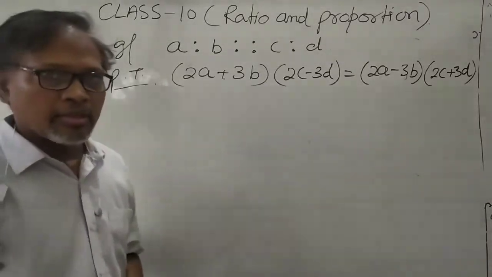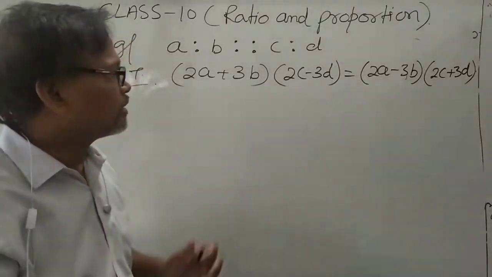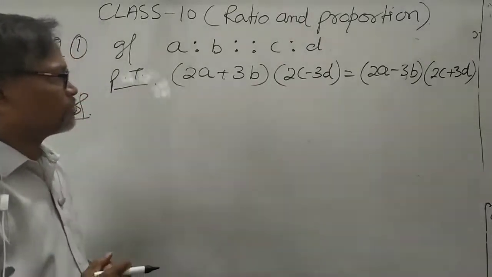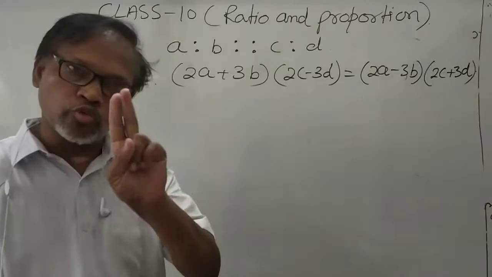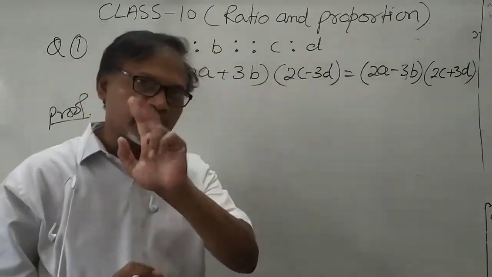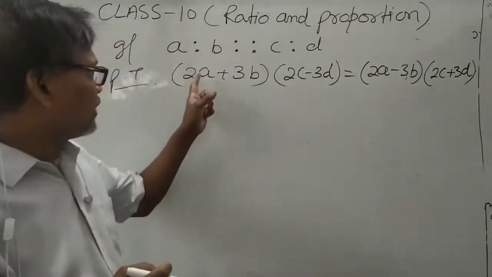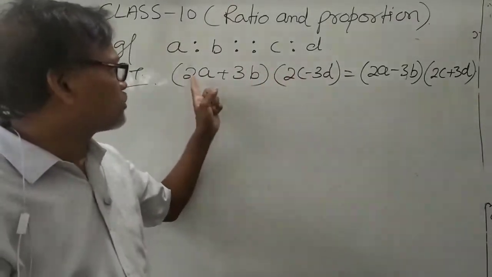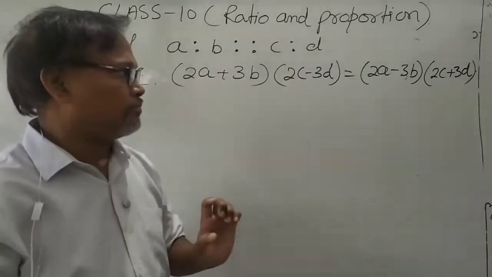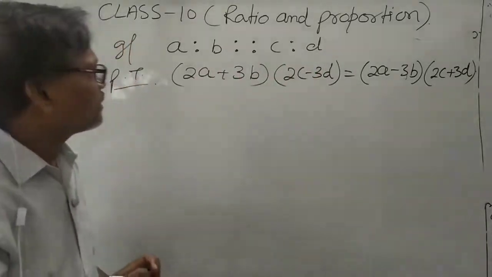Can you see any uniformity in this equation? Yes. There are a, b, c, d and only 2 and 3. The 2 is used with a and c, and the 3 with b and d, on both sides.